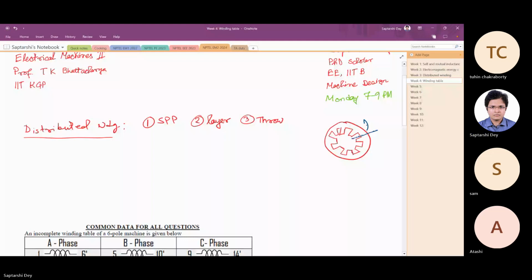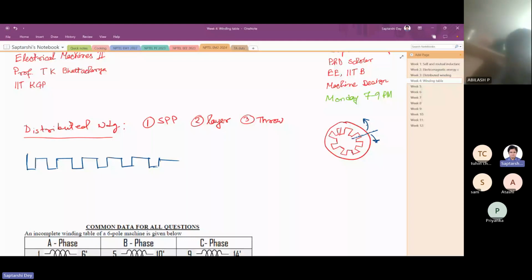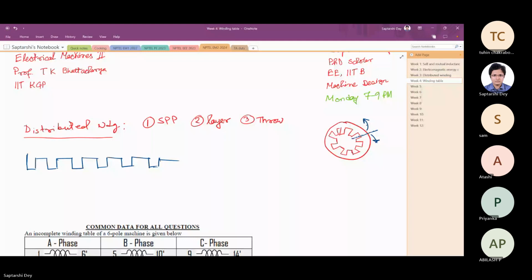Say this is the iron part. If this is the iron part, then this is the tooth and this is the slot. This kind of drawing or view is called the developed view of a machine. This is easier to understand, easy to do calculations, easy to represent. So this is called a developed view.